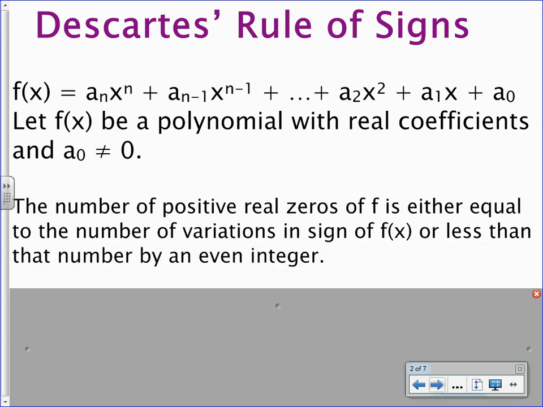The number of positive real zeros is either equal to the number of variations in sign or less than by an even integer. I'm going to have you write it down, and then we're going to talk about what it means. Okay, so write down what you want to, and we'll dissect the meaning of that.